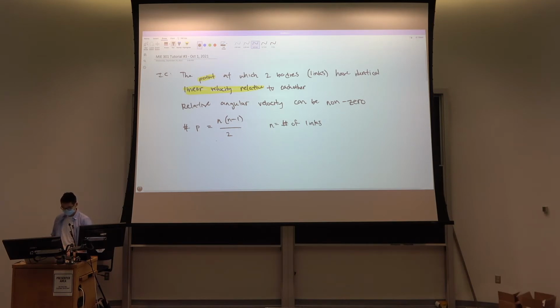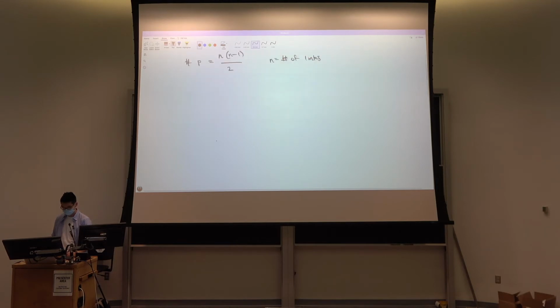Okay, so next, I want to give you my process for solving instant centers, basically a procedure.